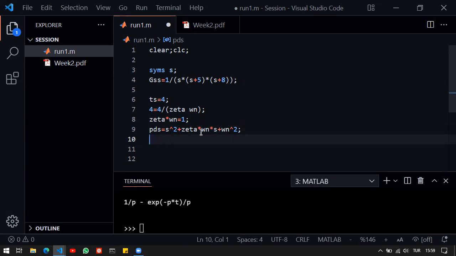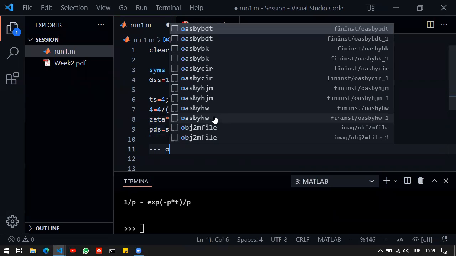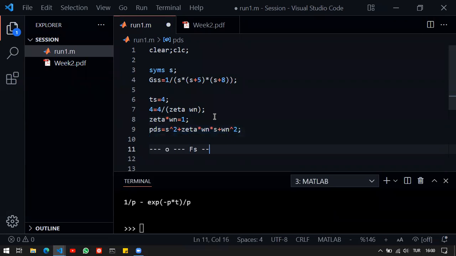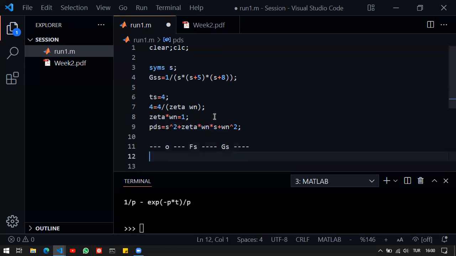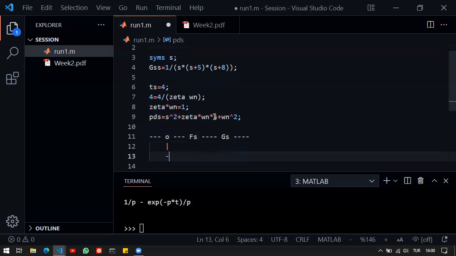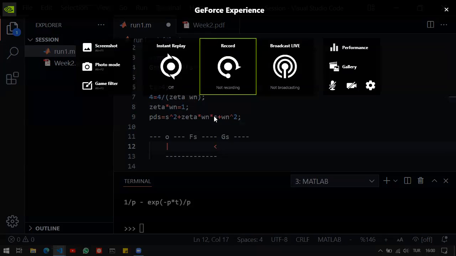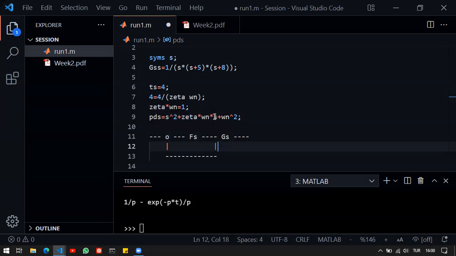So let's also look at our controller because we're trying to design a p-type controller. What we have to do is we have to look at the following. We have this control loop that I'm drawing most of the time that looks like this. And we're choosing the p-type controller.